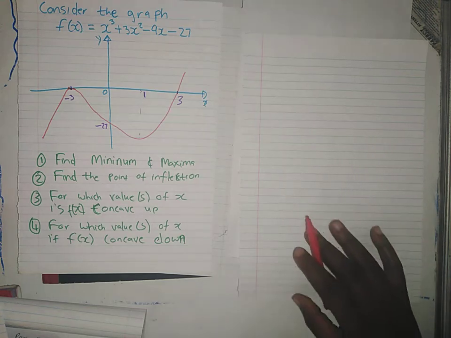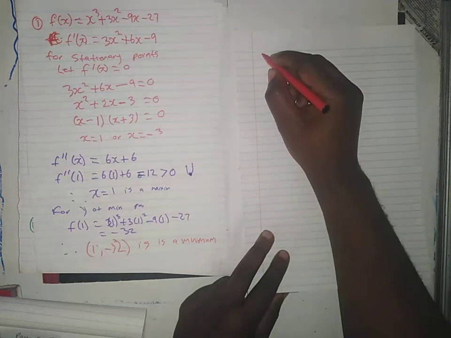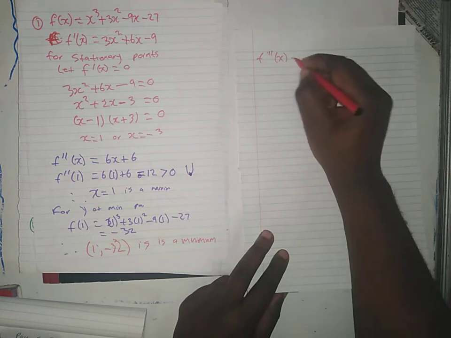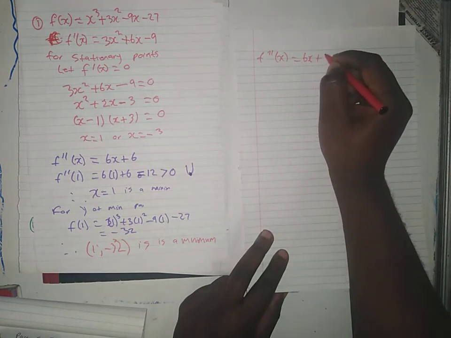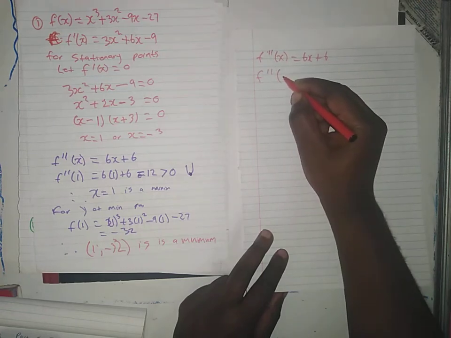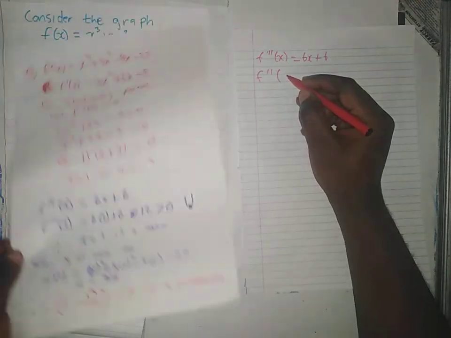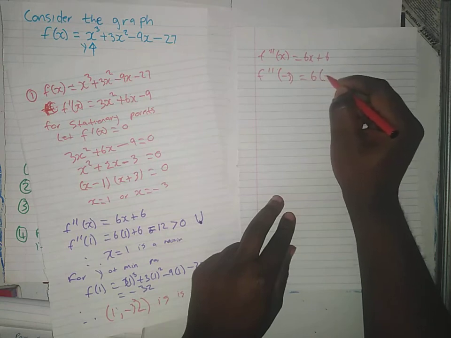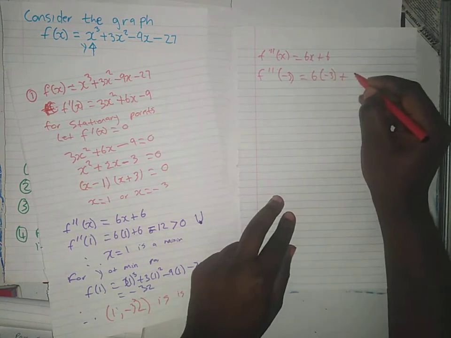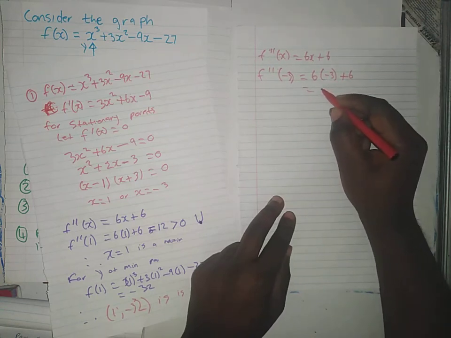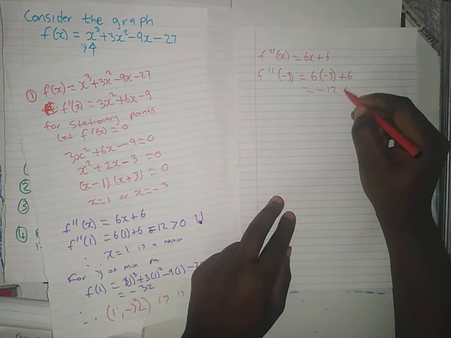You already have f prime prime at x, so you don't have to find it again. f prime prime at x is equal to 6x plus 6, and f prime prime at minus 3 is 6 times minus 3 plus 6, which gives you minus 18 plus 6. Minus 18 plus 6 is minus 12, and that is less than 0.